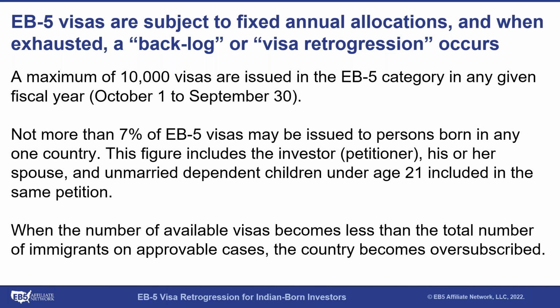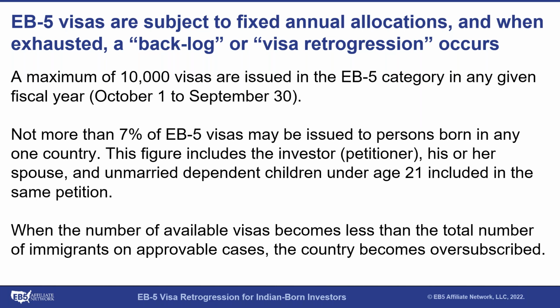So again, the key takeaway on this call and this webinar is the sooner you file, the sooner you get your place in line, the better off you are in terms of securing your visa moving forward.